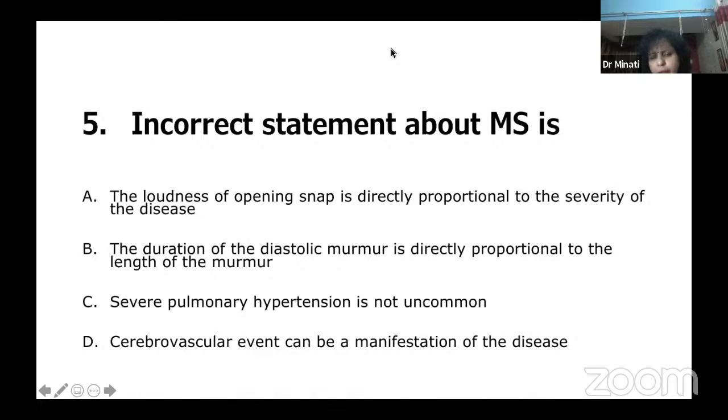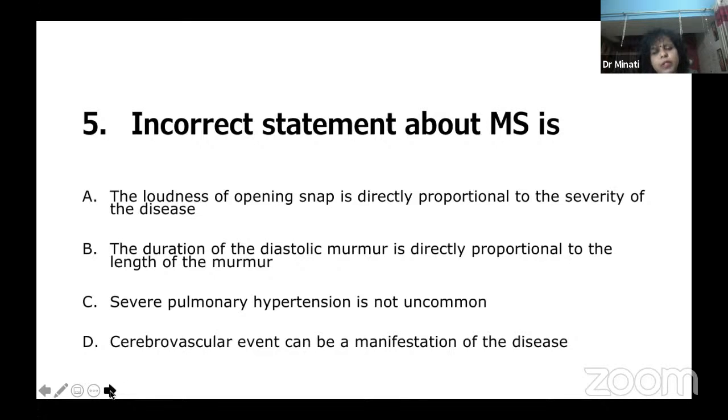Again, the loudness of the opening snap: while presenting, Shinu also described why the opening snap occurs. It is due to the doming of the leaflet, and while it is coming back after systole, there is fluttering of the valve. So when the valve is calcified, it does not flutter. In that case, the loudness decreases.